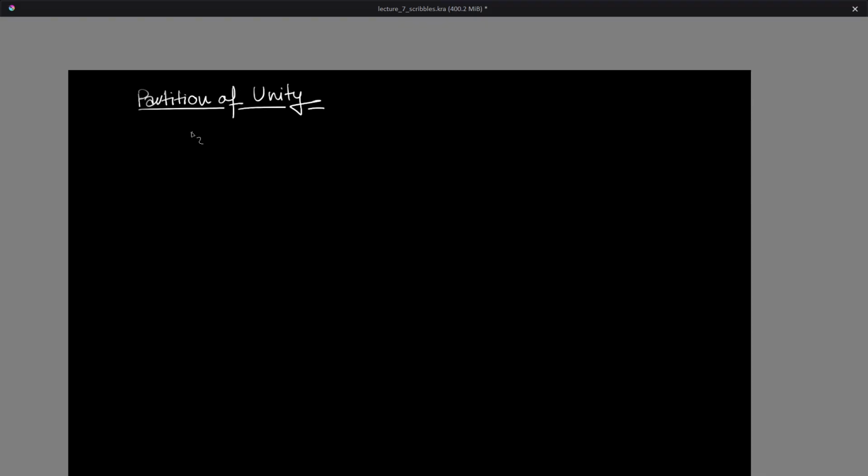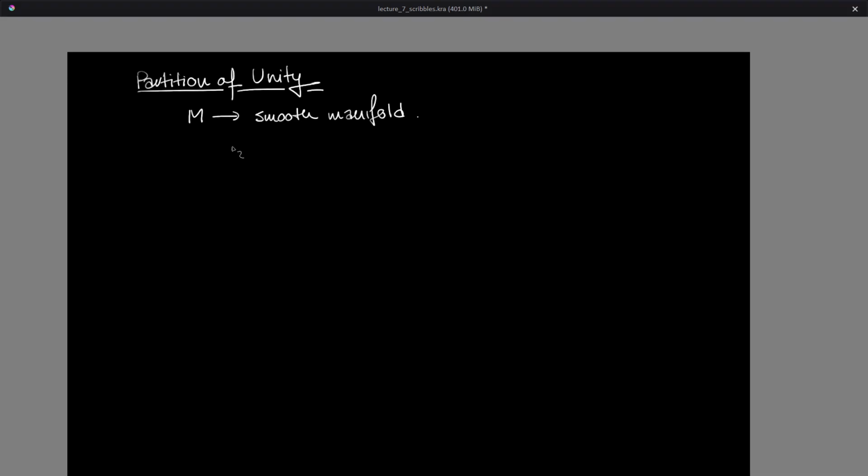So let's say that M is a smooth manifold. Then let's say that U alpha is an open cover of M, and we know that this exists because we have the charts on the manifold.